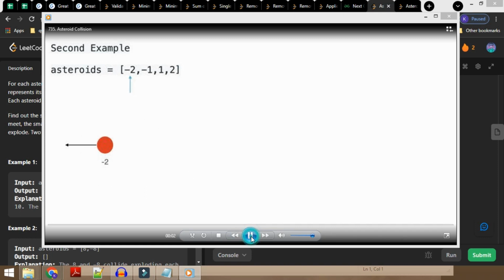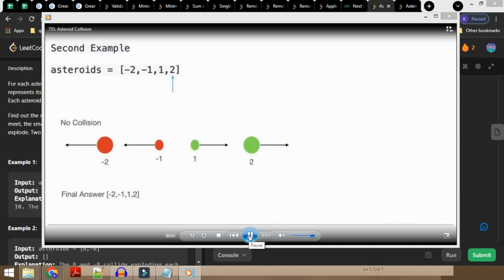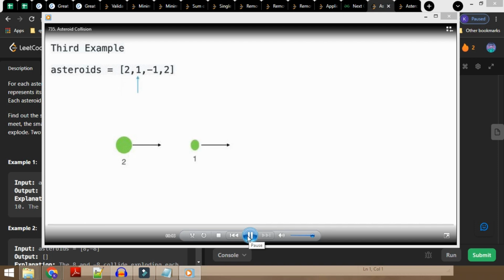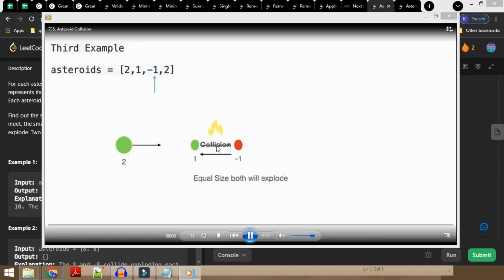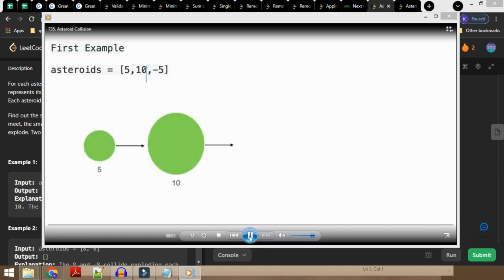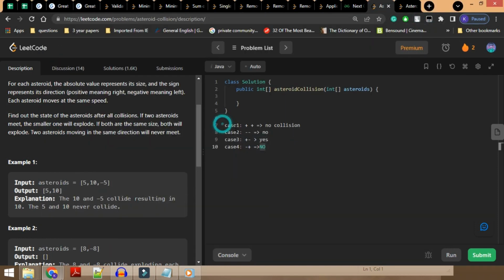Minus 2 is coming, minus 1 is coming, plus 1 is coming, plus 2 is coming, nothing is going to happen, right? No collision. Then plus 2, plus 1, minus 1, definitely they're going to collide, and then after that the result is there. So that's what we have to do, and let's try to build the logic first and see what's going to happen.